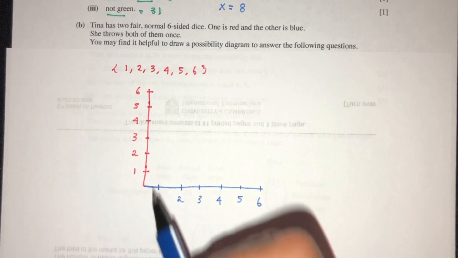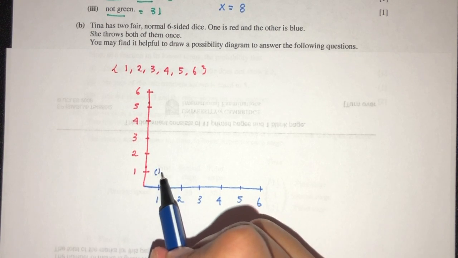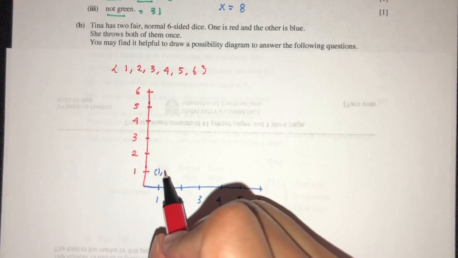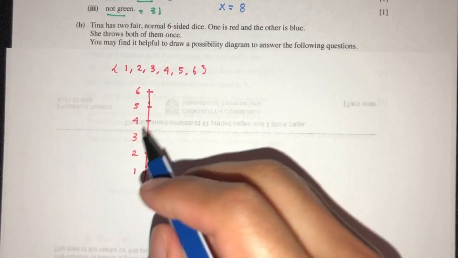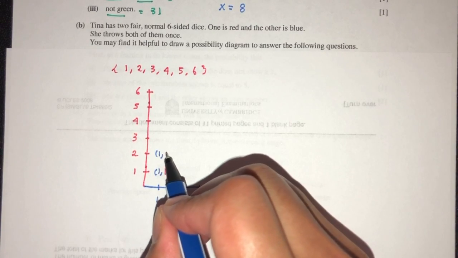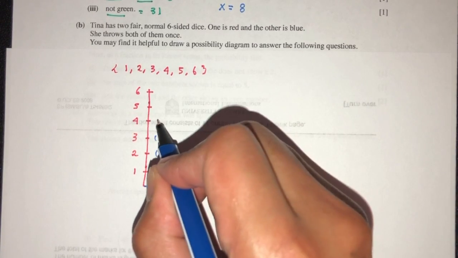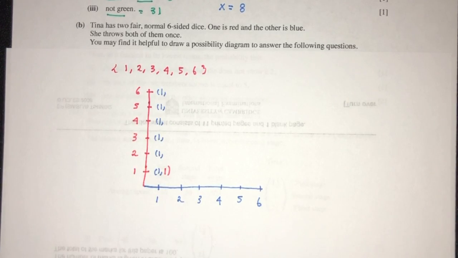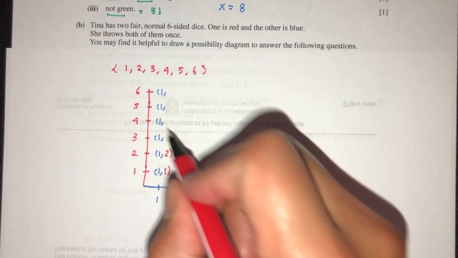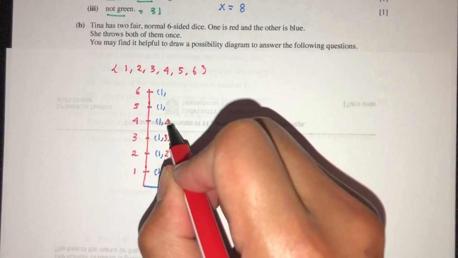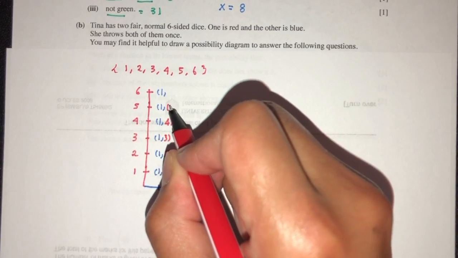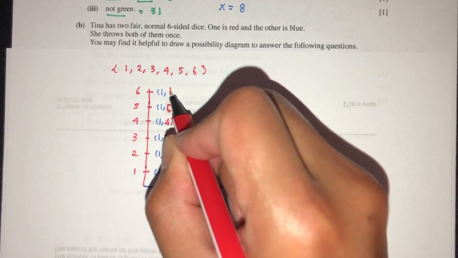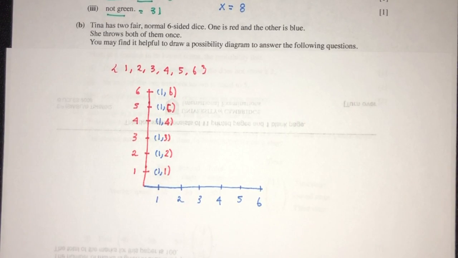So as you can see here, we can have 1, 1. Here we can have 1. This is a lot to write. I hate that. That will be 2, 3, 4, 5 and 6. So these are the possible pairs of outcomes when you throw your dice.